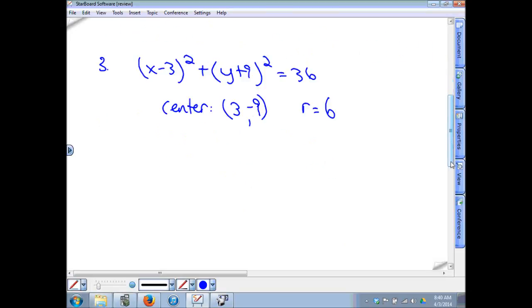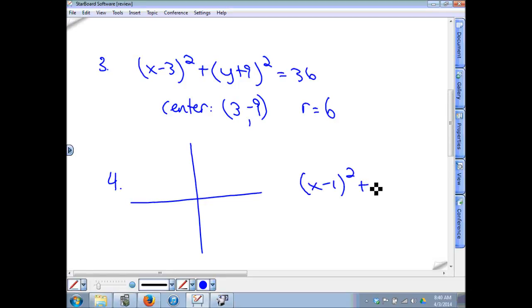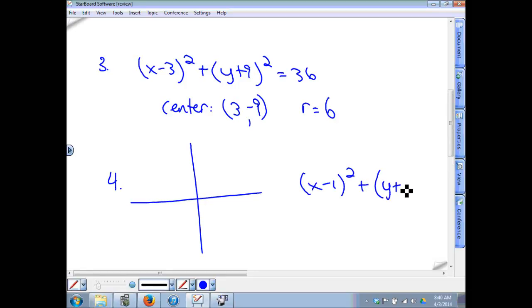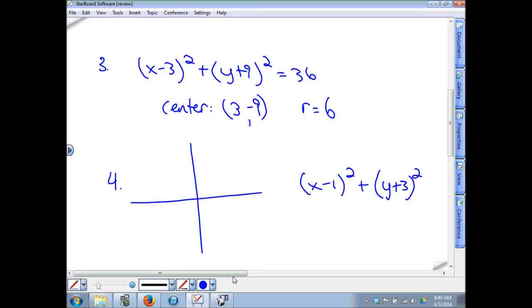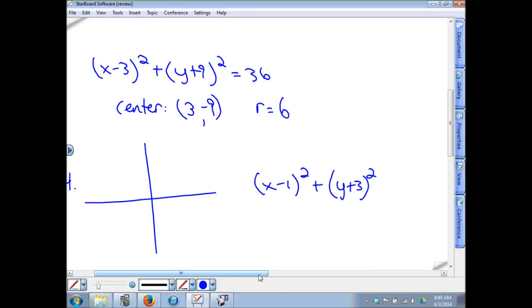And on question 4, you have to graph the circle now. Given the equation x minus 1 squared, y plus 3 squared equals 9.